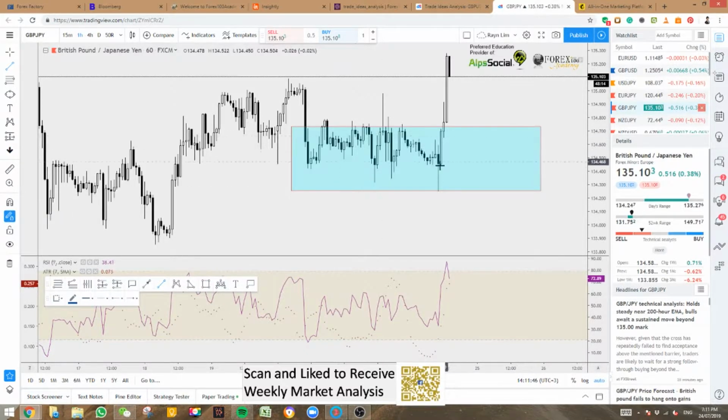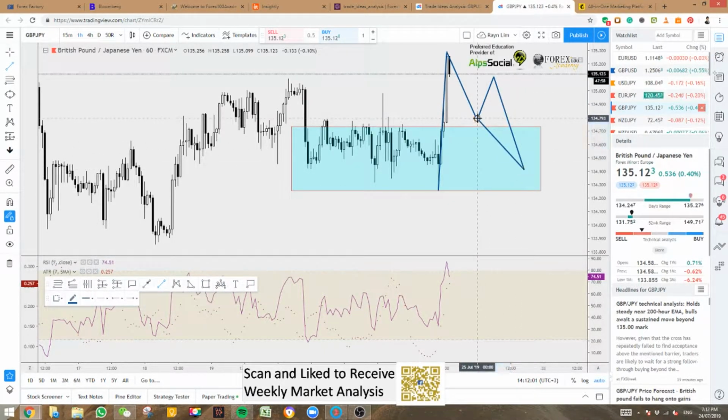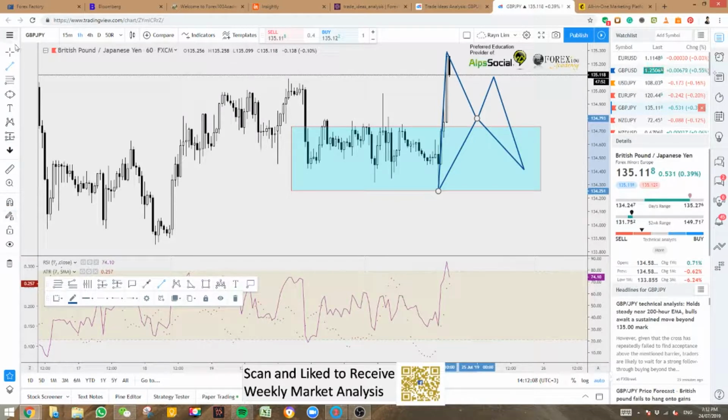But of course, if you're looking for a trading opportunity, you can wait for what? Your bat pattern, isn't it? Correct? So this is one of the possibilities.